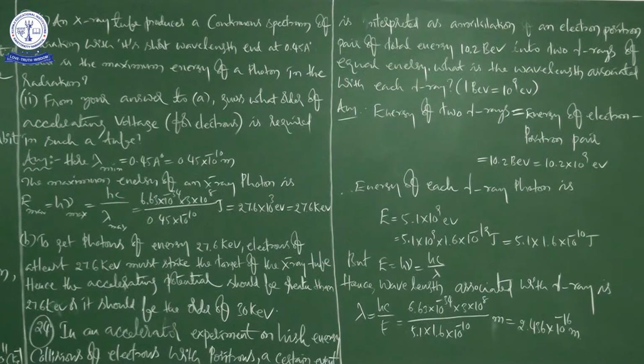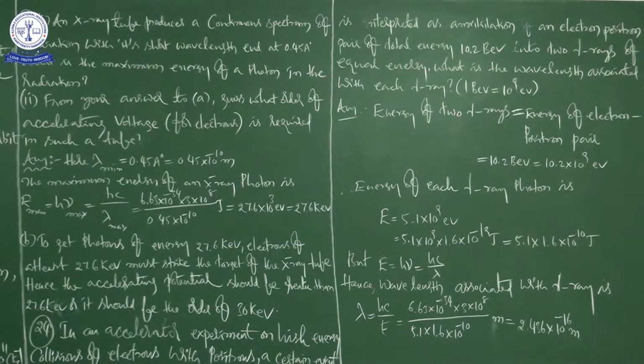Now see here, first we have written the given things, that is 0.45 angstrom unit, the short wavelength. So when it is 0.45 angstrom unit, if you observe carefully, 0.45 into 10 to the power of minus 10 meters.